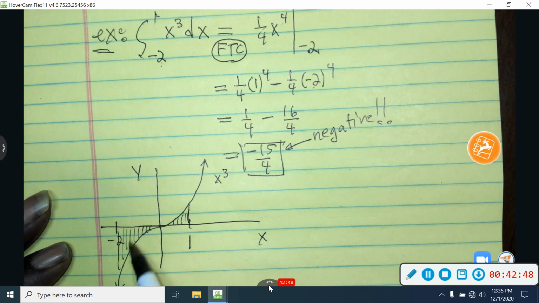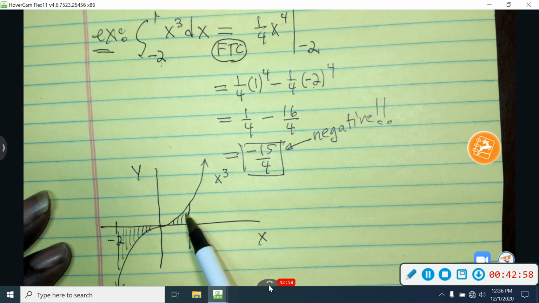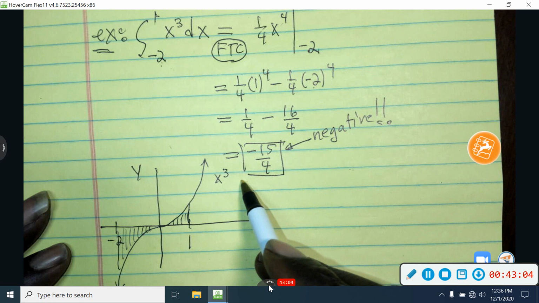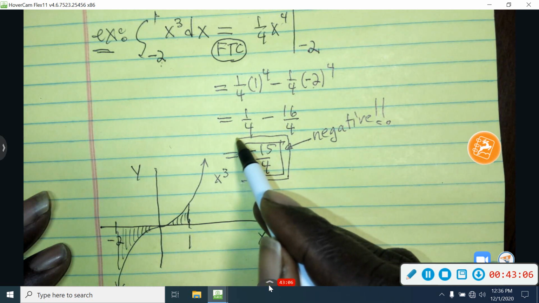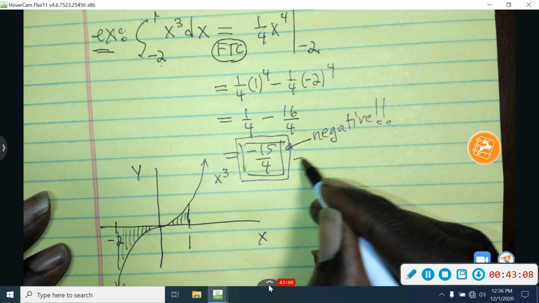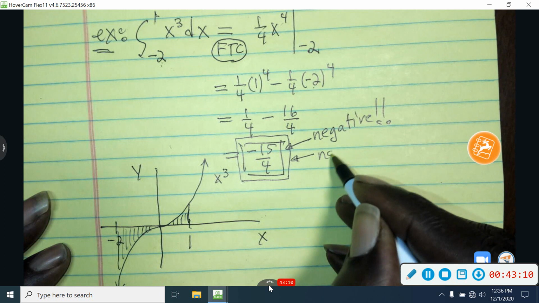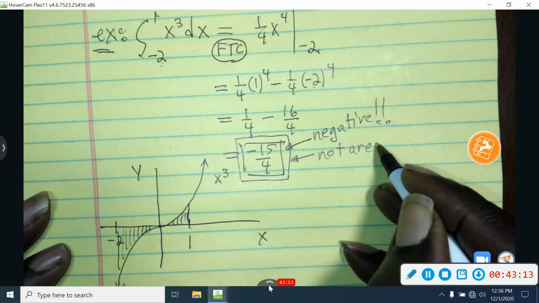So the rectangles we put under this function have negative heights here and positive heights here, and there's more with negative heights than positive heights. And so when we add them all up, which is what we're doing, and take the limit of that sum, we get a negative number. So be careful, it's not always area. Let's say that. It's not area, it's just a number in a lot of cases.